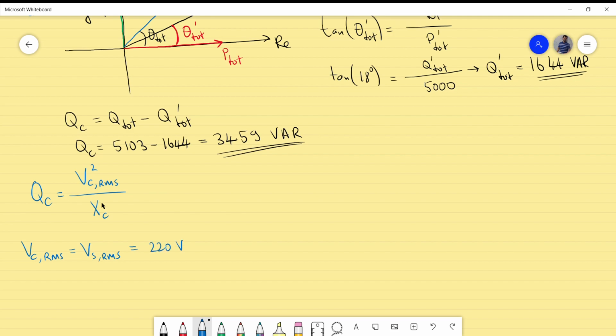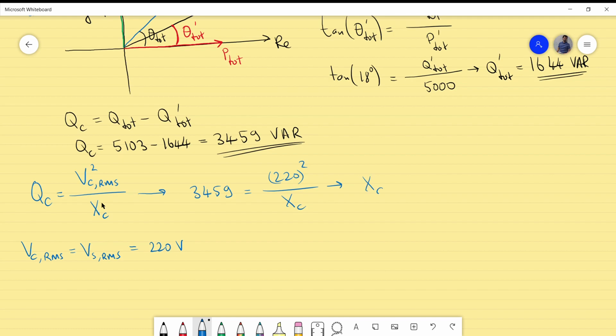We were already given the supply voltage in RMS, not in amplitude, so we can take it over. So what we get is the following. Let me write this down. QC, 3459, is equal to 220 squared divided by XC.